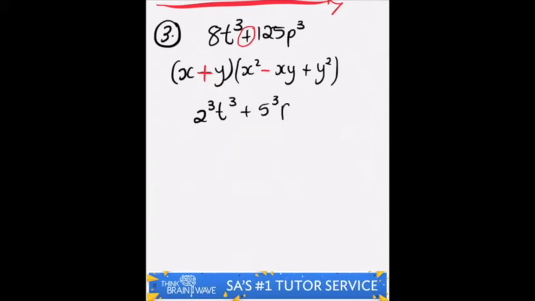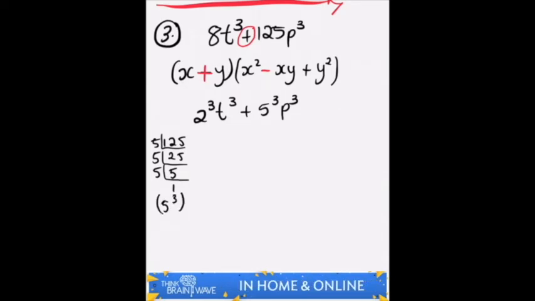So let's write it down in its pure prime factors. You'd have 2 cubed for 8, and you'd have 5 cubed for 125. This is proven by saying 125 divided by 5 gives 25, divided by 5 again gives you 5, and divided by 5 one more time gives you 1, leaving you with 5 cubed.